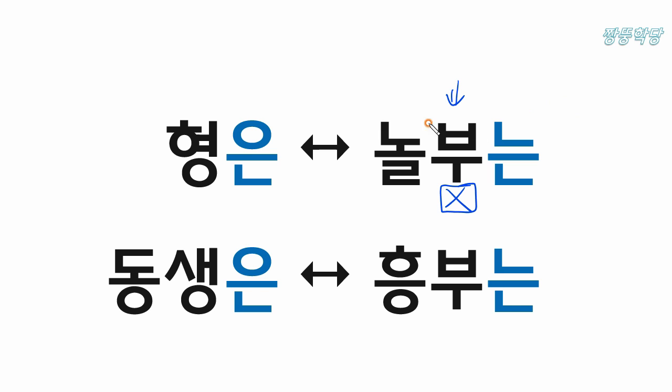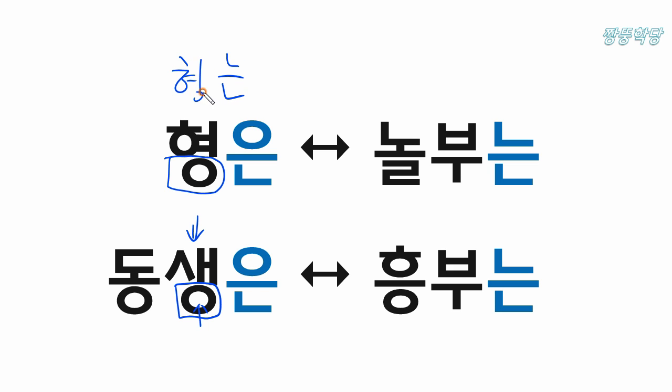And when there is another consonant at the bottom side of the last letter of subject, this is also a consonant, then we use 은. We don't use 형는.